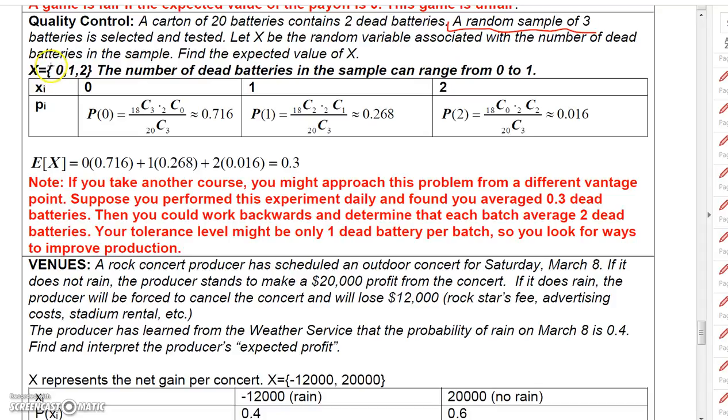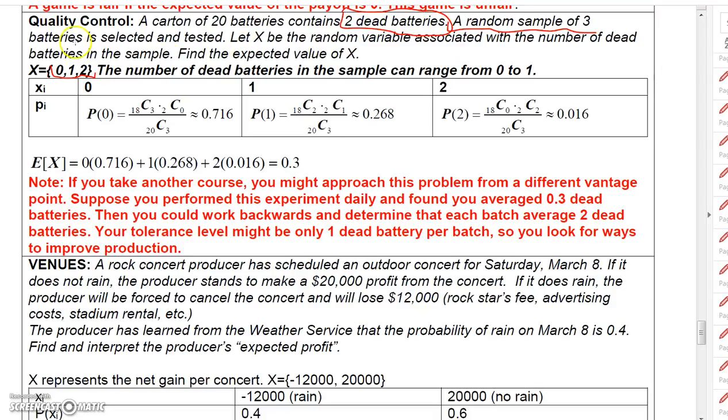The reason X can't go up to 3 here, and that's what threw me off, is that I saw this going to 2 and immediately thought I meant a random sample of 2. But it's okay to take a random sample of 3, because I still can't get more than 2 dead batteries, since there are only 2 dead batteries in the population.